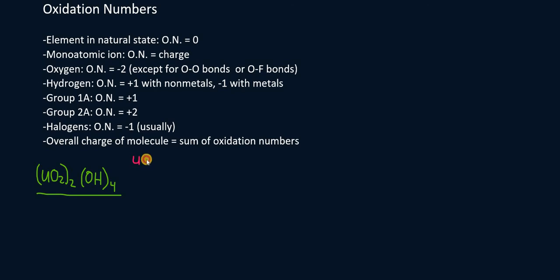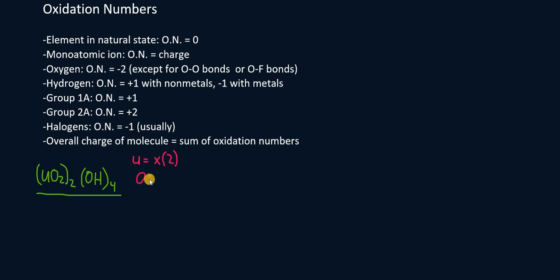So U is going to equal X, because that's what we're trying to solve for. We want to know the oxidation number of U. And it looks like I have U and then a 2 out here, so I have 2 here, because I have 2 uraniums. Oxygen.